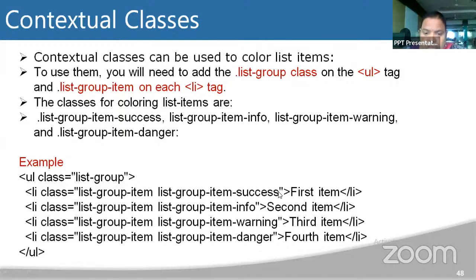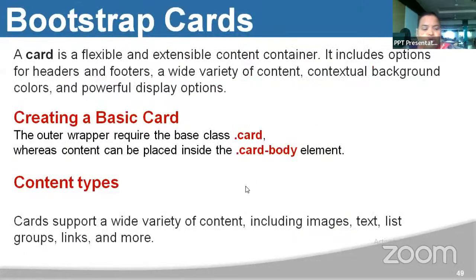I will show you directly in the example what this success color looks like. Info is a different color representation, warning is another color, and danger is another color representation. Here there is no output yet.